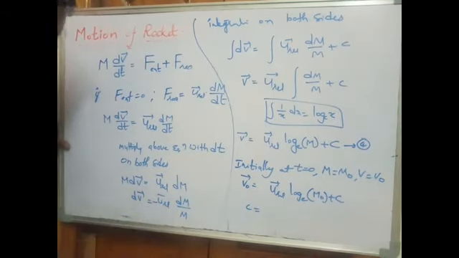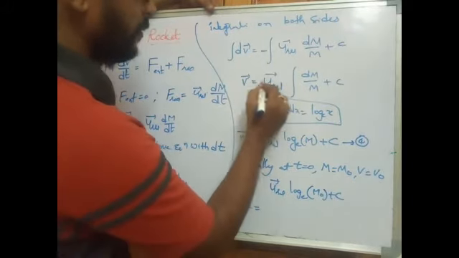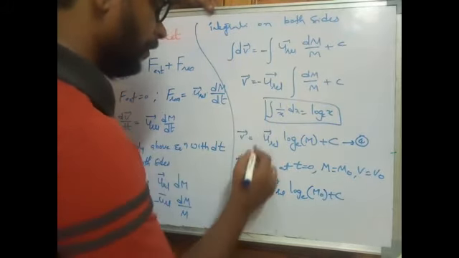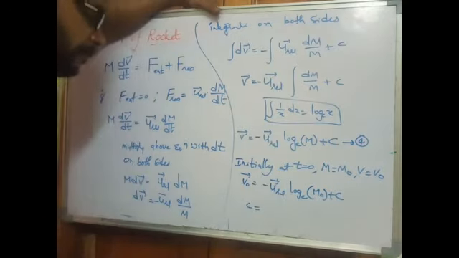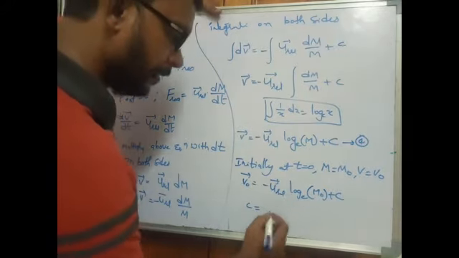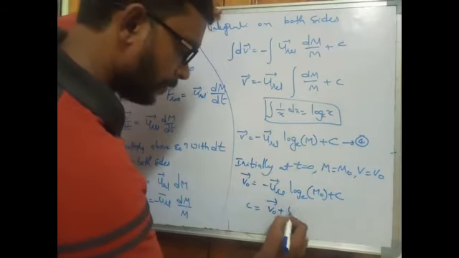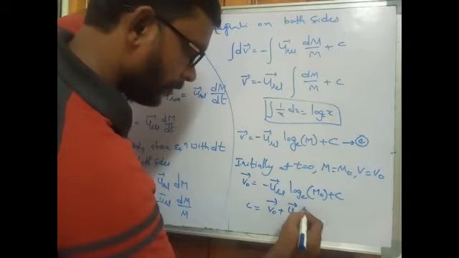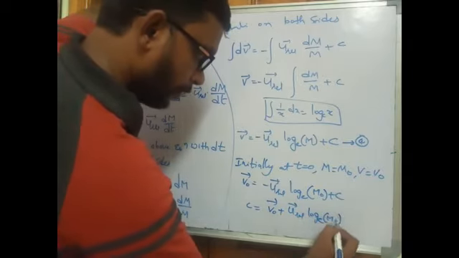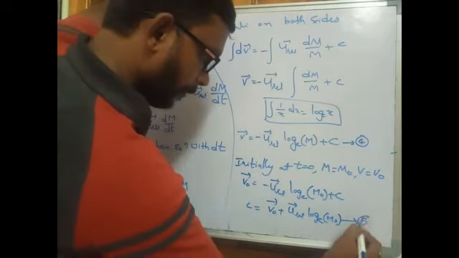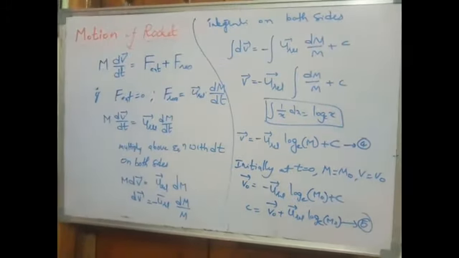Since mass is decreasing, we finally get a minus sign in each of these places. So from this equation, c is equal to v0 bar plus relative velocity into log e m0. Assume this is equation 5.